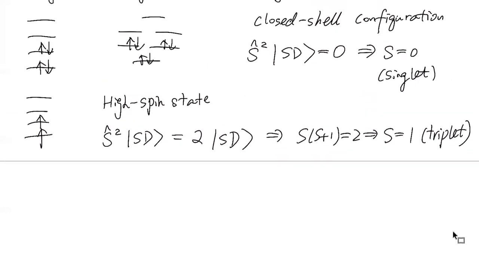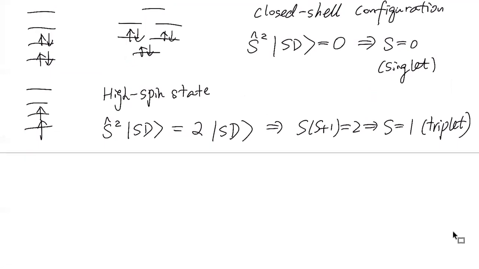Well, if you don't have a closed shell configuration in which all the electrons are paired with each other, or you don't have a high spin state in which all singly occupied orbitals have the same spin, then this Slater determinant is usually not an eigenfunction of S squared. For instance, if you consider one up, one down, this is definitely not closed shell, and this is not a high spin state.